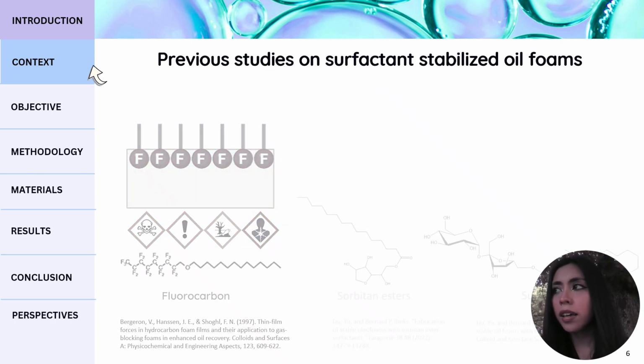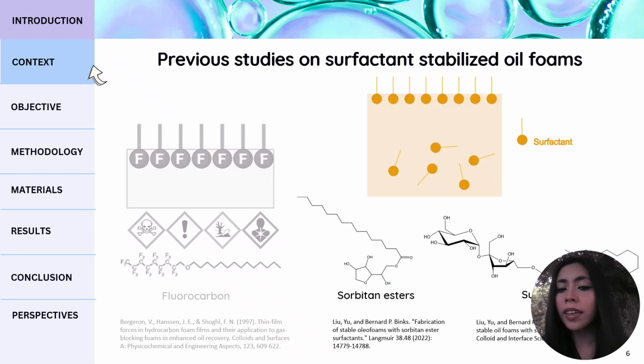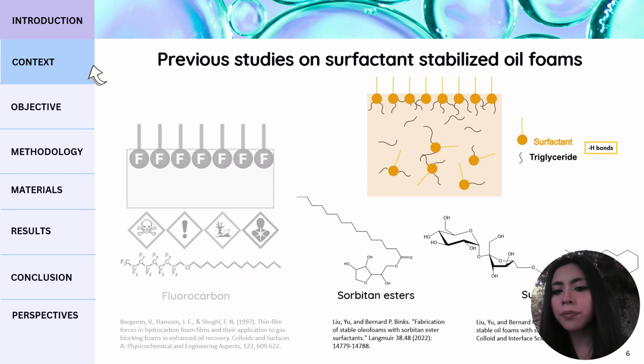More recently, the group of Professor Bean has found two new families, the sorbitan ester and the sucroester family. They are surfactants, and thanks to the surfactants alone we can produce the foam by stabilizing with the triglycerides of the oil by H bondings.